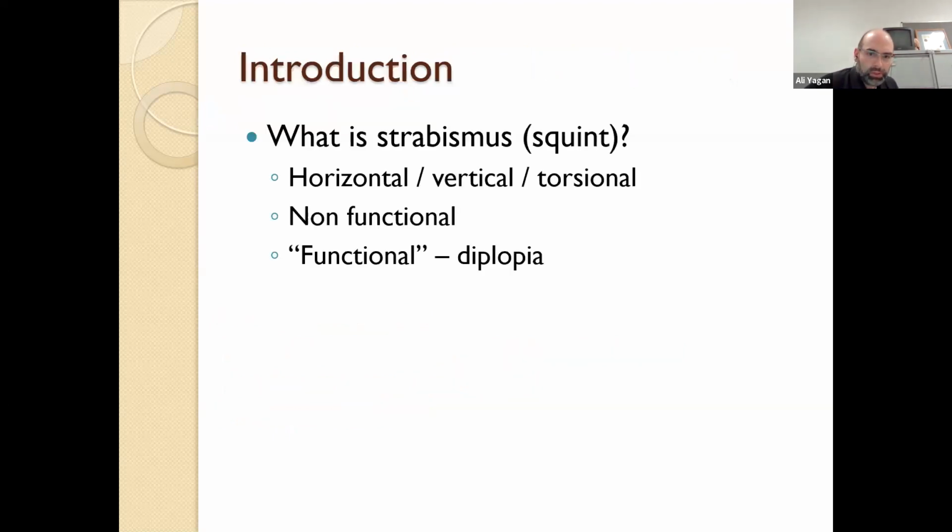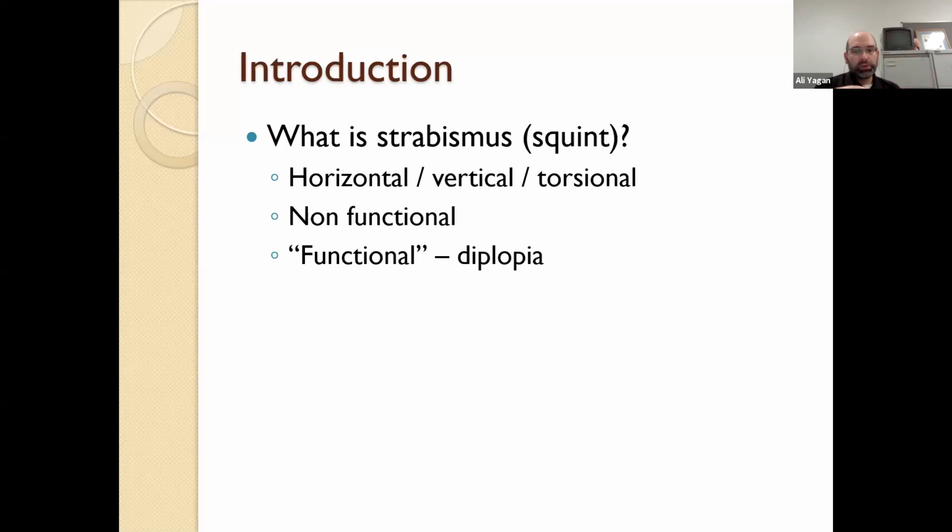So what is strabismus? Essentially, squint or strabismus means the visual axes of both eyes are not parallel. So the eyes are not straight. One eye is deviated either horizontally, vertically, or what we call torsionally, so one eye is twisted either outwards or inwards.